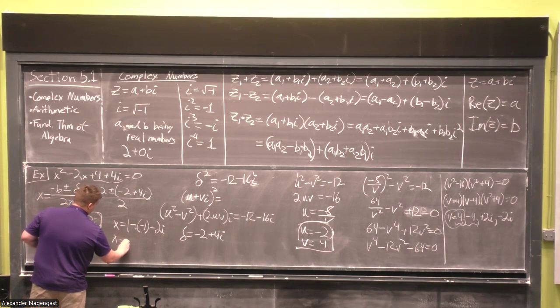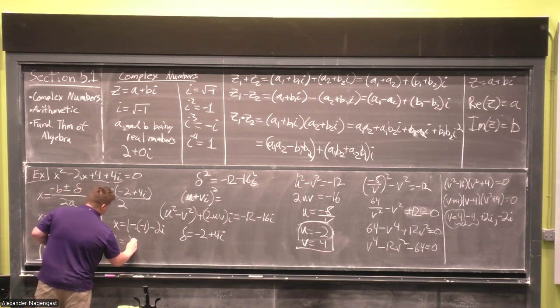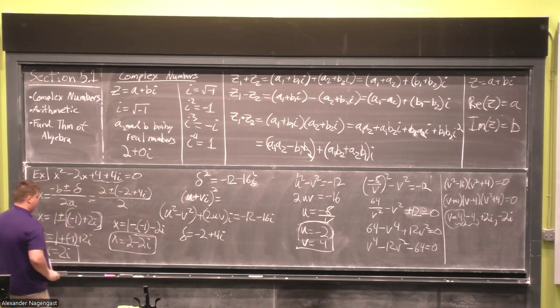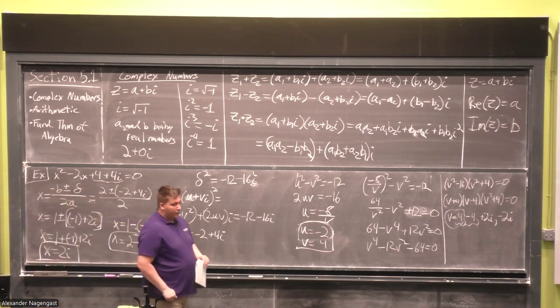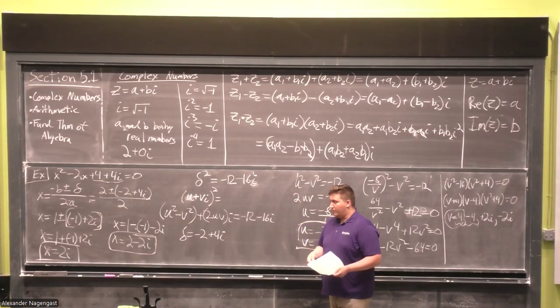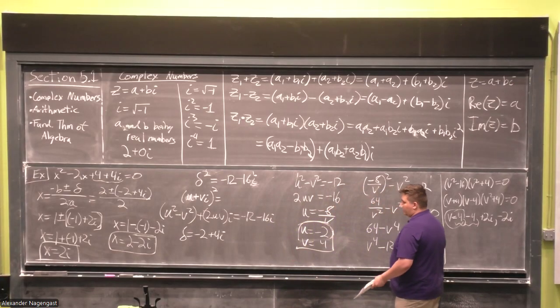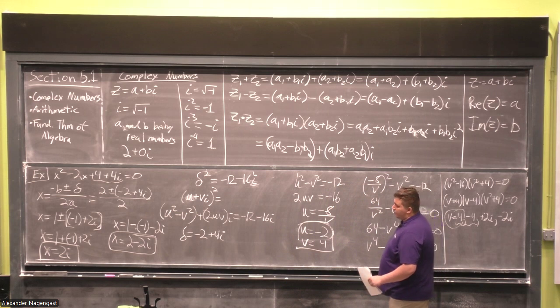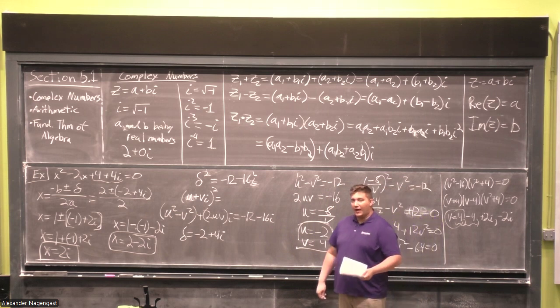So then x is equal to 2 minus 2i. And those are our solutions. So we're still using the quadratic formula. Note that if we had a real solution, we would just attach a plus 0i.